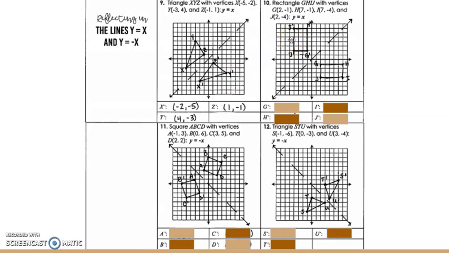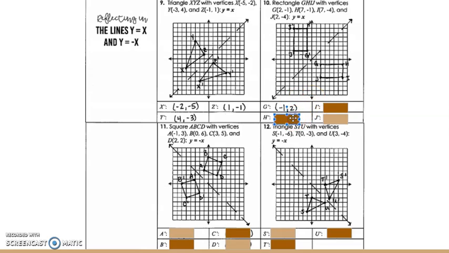For number 10, we can try it that way. So we have our rectangle with our vertices, and we're reflecting over y equals x. If we reflect over y equals x, that means we're just going to switch our x and our y. If I have G as 2, -1, G prime would be -1, 2.